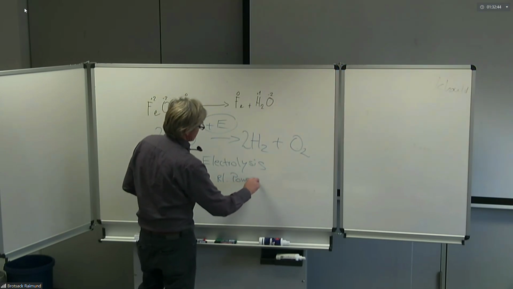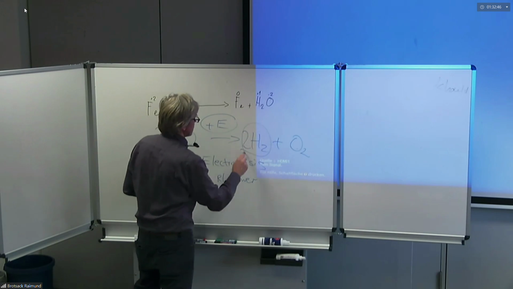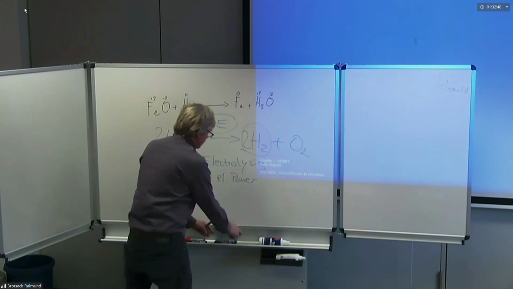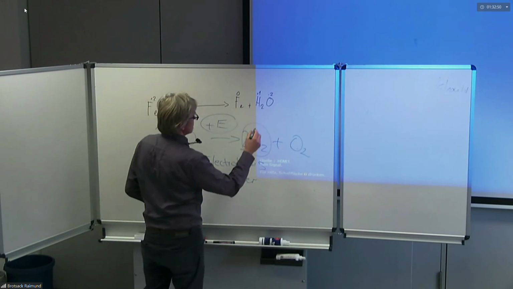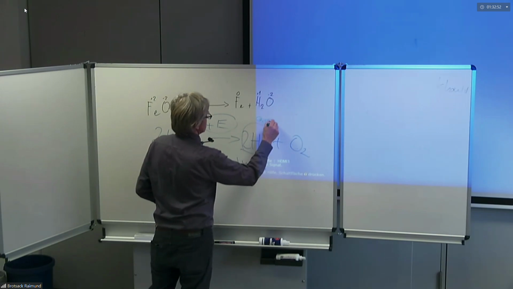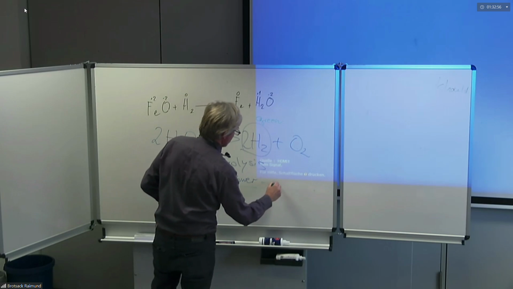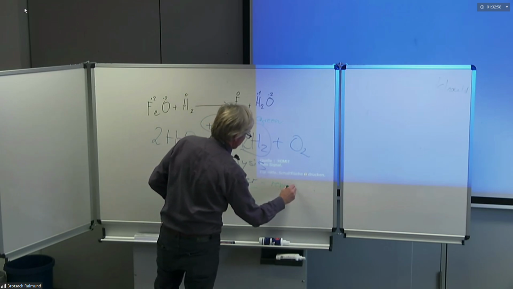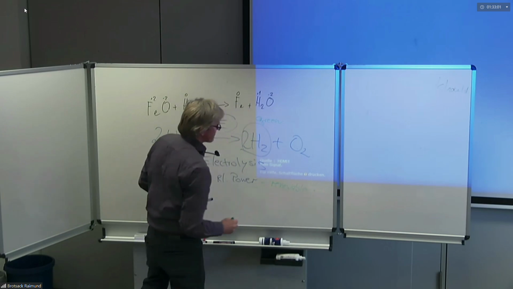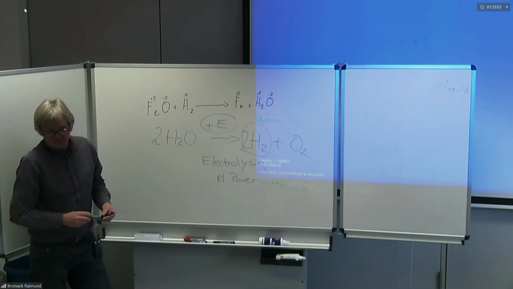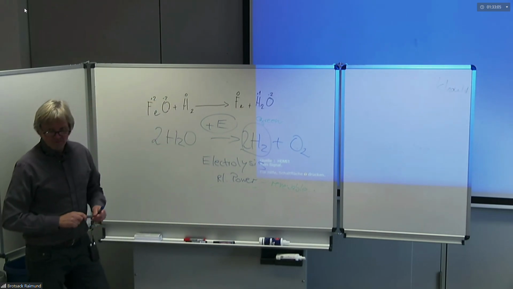Of course, green hydrogen is only green when the power comes from renewable energies. If you are producing hydrogen from fossils, it's not green hydrogen.